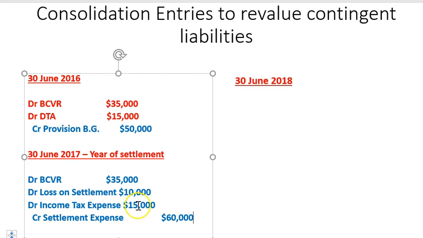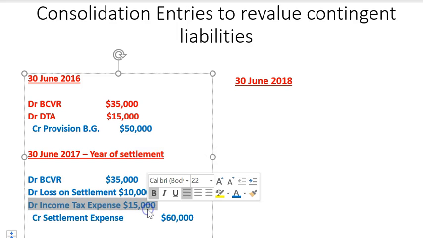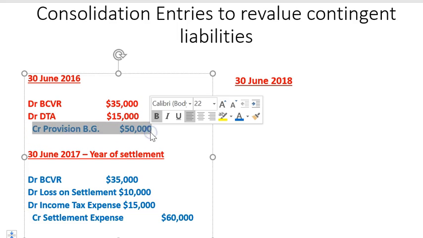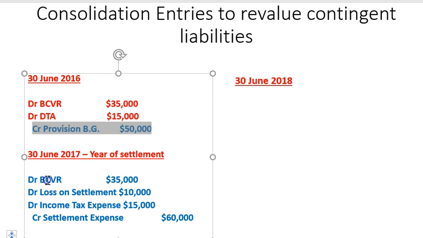So the easiest way I like to think about it is the debit of the BCVR and the income tax expense represents the original $50,000 of equity that we reduced, or is representative of the original $50,000 liability. So the BCVR is always going to be the $35,000 amount, and you can see the amount of the DTA has turned into the income tax expense.